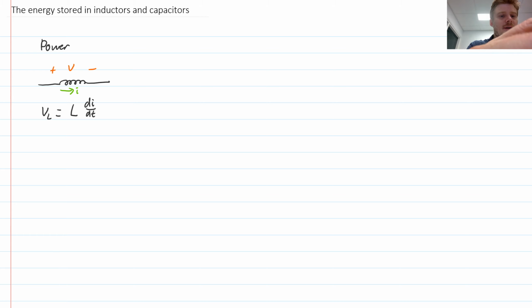So with the equation for the voltage, we can just substitute that one into power is current times voltage, and thereby calculate the power that is absorbed or supplied by the inductor.